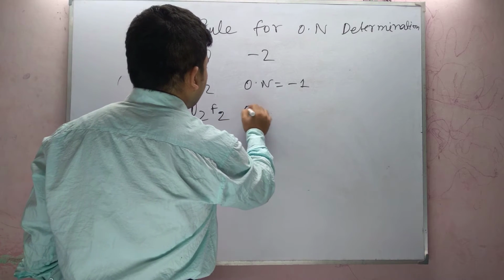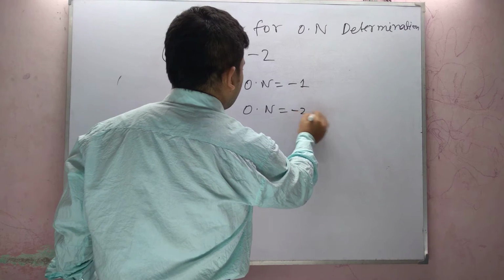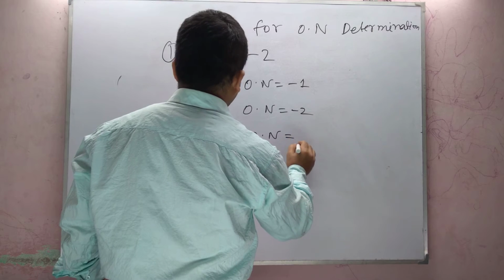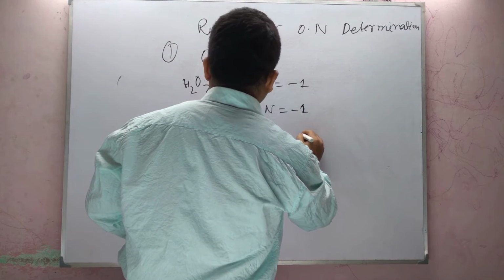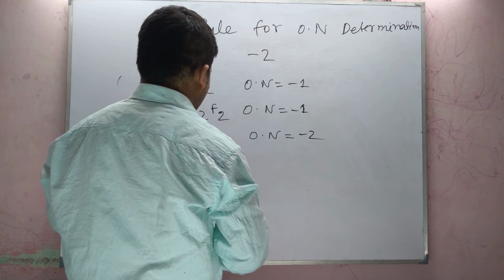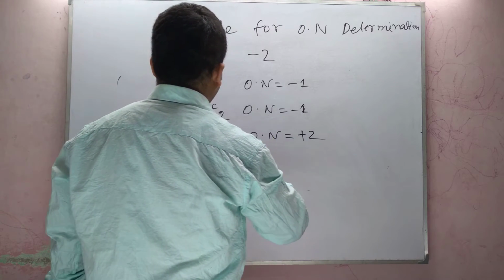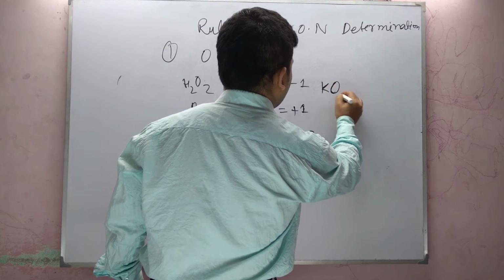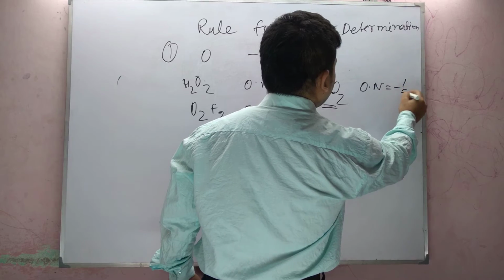For OF2 the oxidation number of oxygen is +2. And for KO2-type compounds, meaning superoxide, the oxidation number of oxygen is -1/2.